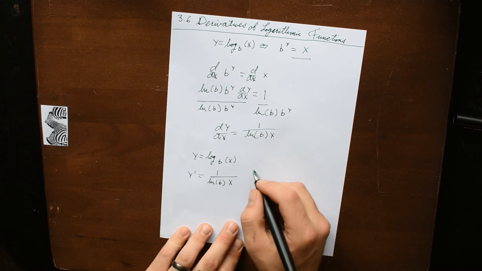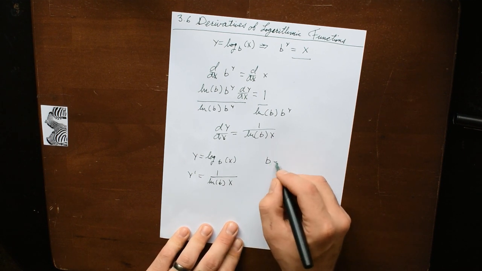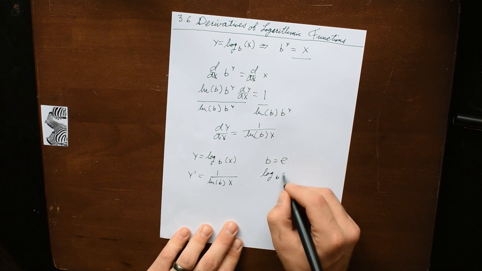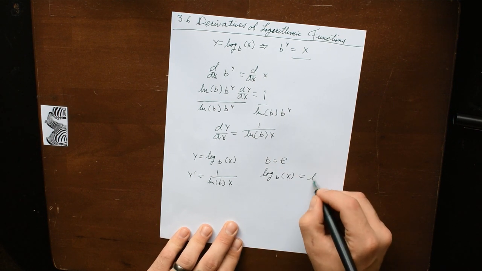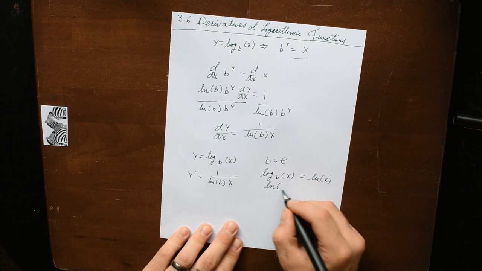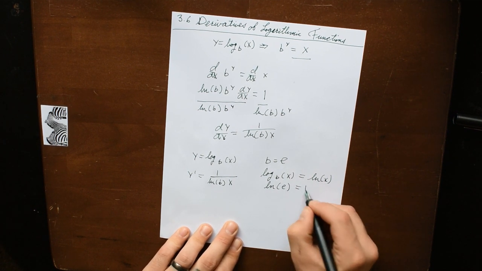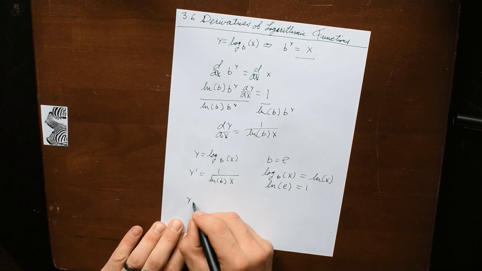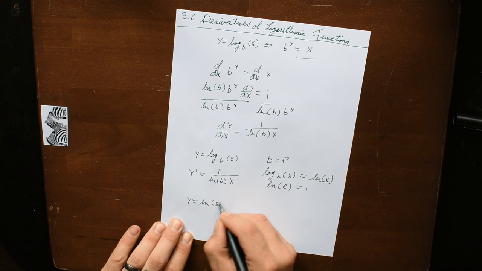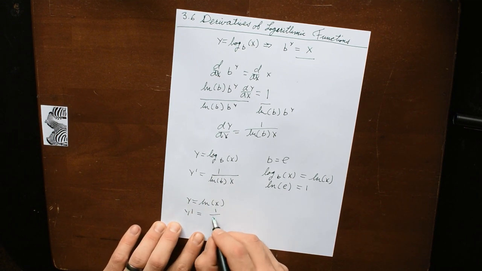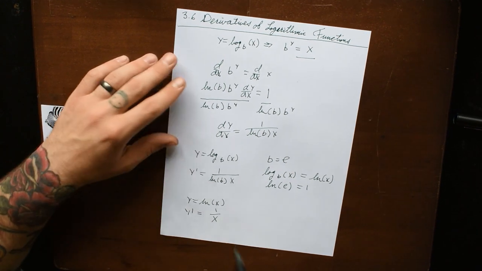And in particular, if b is equal to e, then the log base b of x is the ln of x, and the natural log of e is equal to 1. So we can rewrite: if y equals the natural log of x, then y prime is equal to 1 over x.